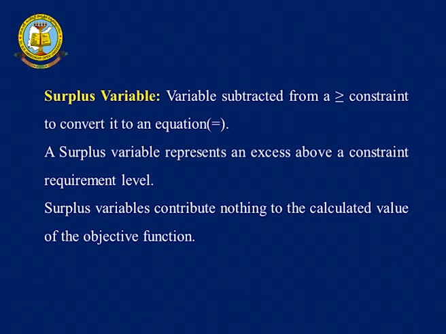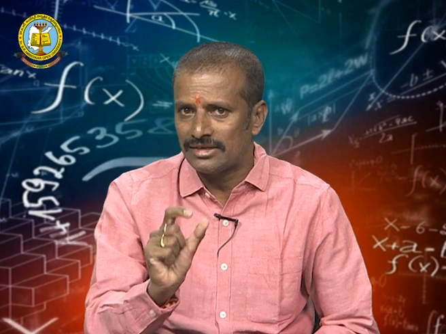Similarly, the next definition, the surplus variable. It is a variable subtracted from a greater than or equal to constraint to convert the inequation into an equation. Whatever variable we subtract from the left hand side of the inequation to convert it into an equation is called the surplus variable. For example, let us suppose x_n greater than or equal to b_n.